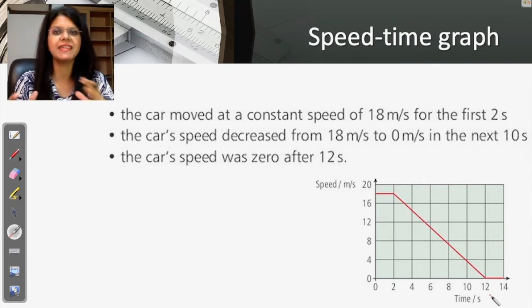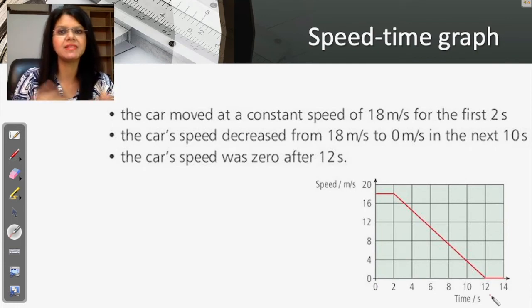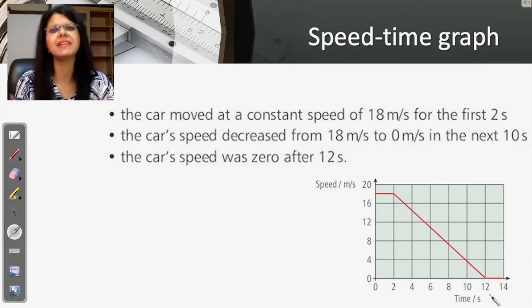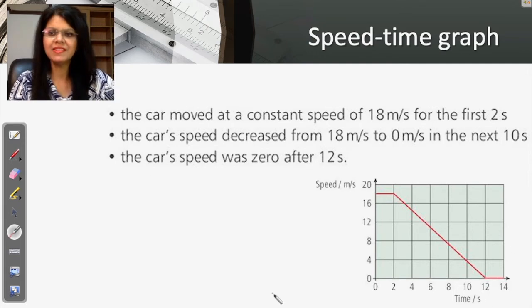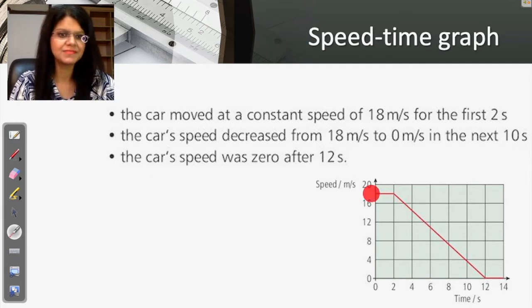If you have data in the form of a table, you are reading a lot of numbers here and there in the various columns, which doesn't make much sense, right? But if you are drawing a graph, you see a pictorial representation of it, and it is easier for you to decipher information.